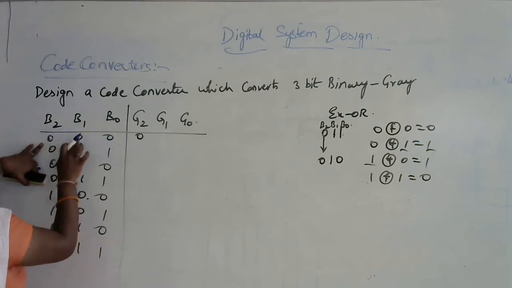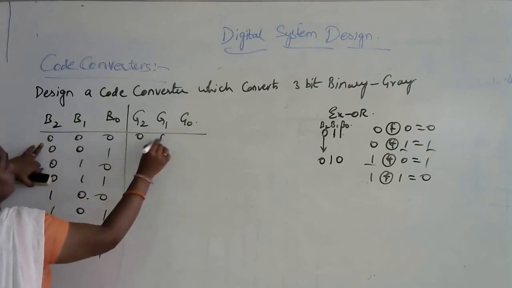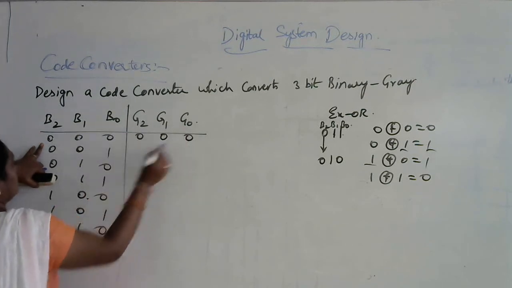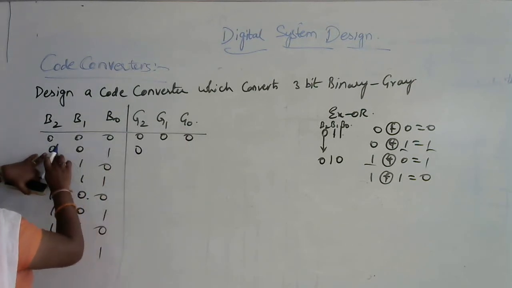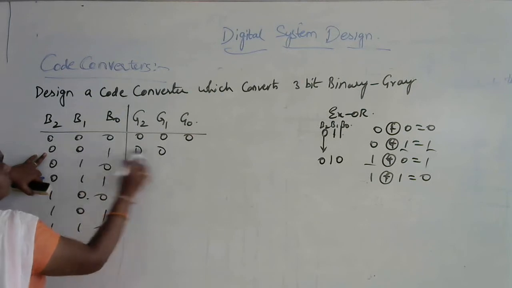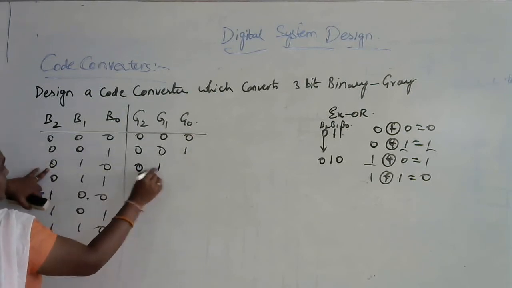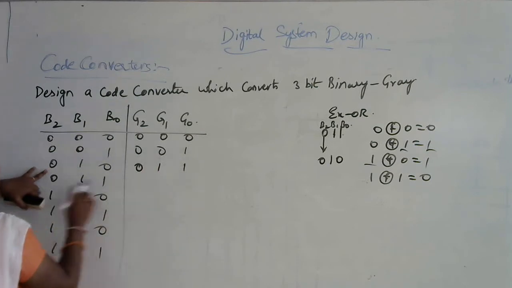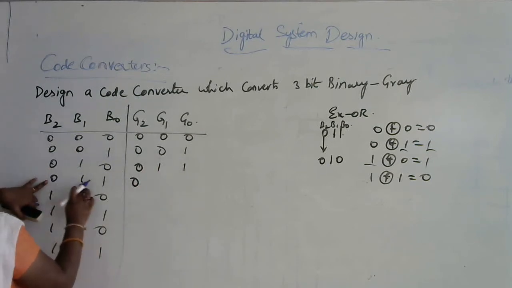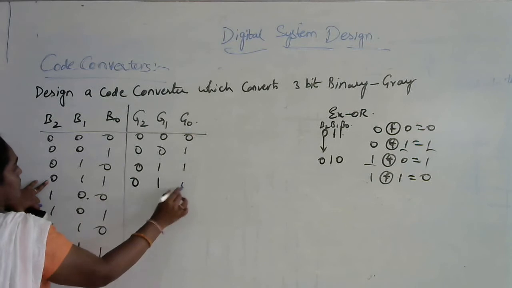Perform XOR operation for the remaining bit pairs. 0 XOR 0 is 0. 0 XOR 0 is 0. First bit as it is, 0 XOR 0, 0. 0 XOR 1, 1. First bit as it is, 0 XOR 1, 1. 1 XOR 0, 1. 1 XOR 1, 0.